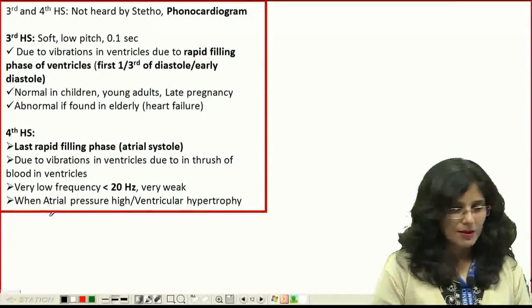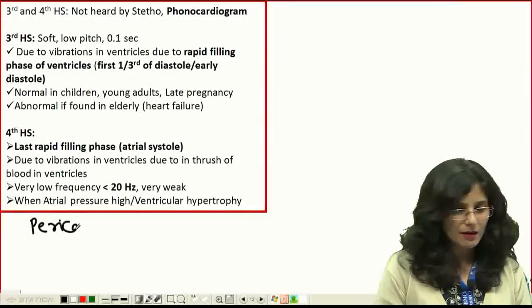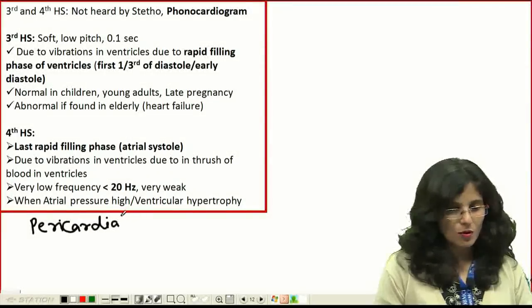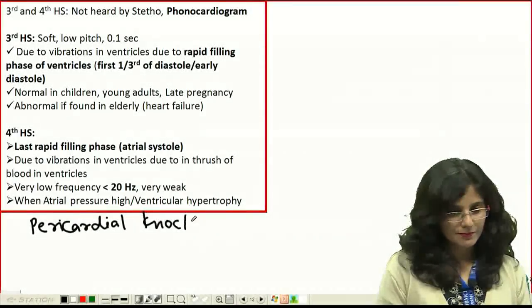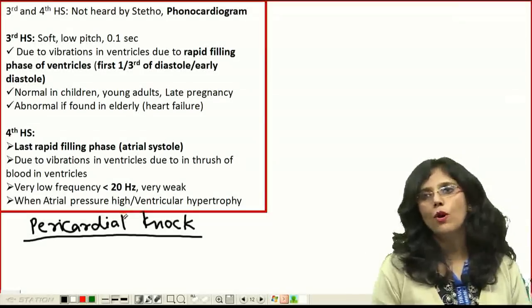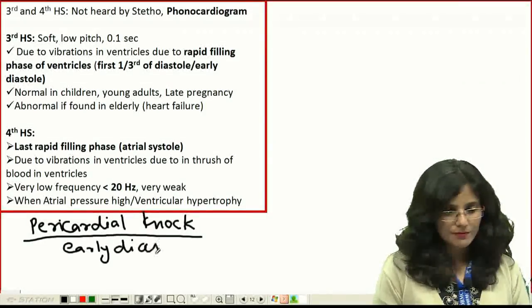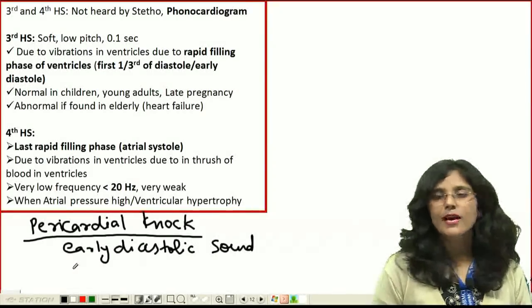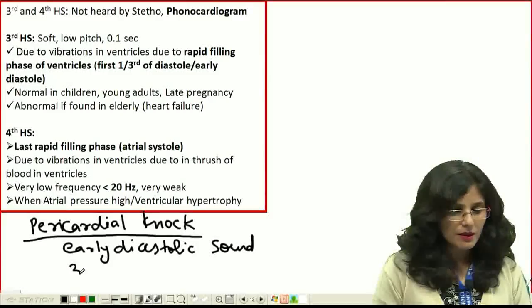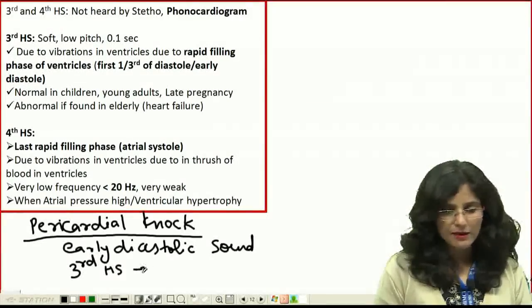And the pericardial knock. Pericardial knock is the early diastolic sound. It is actually a variant of the third heart sound, but it occurs a little early.